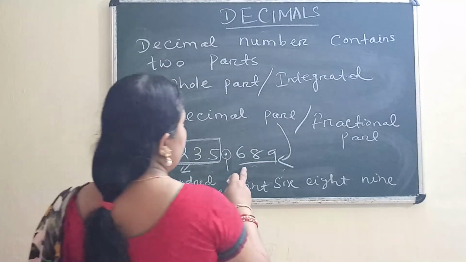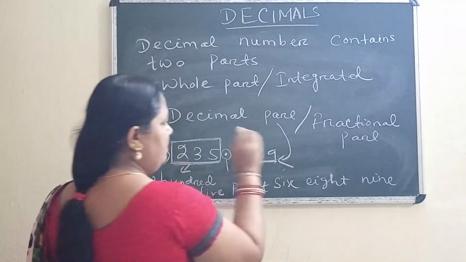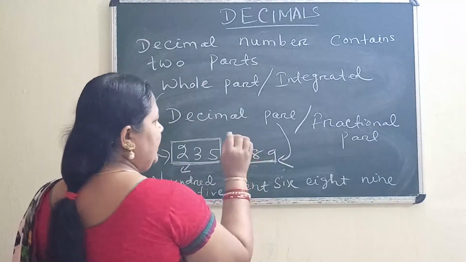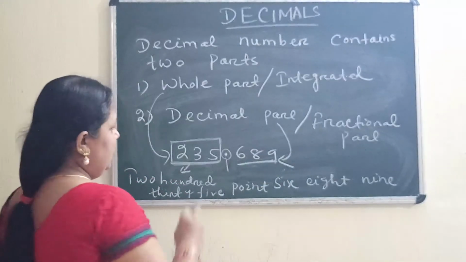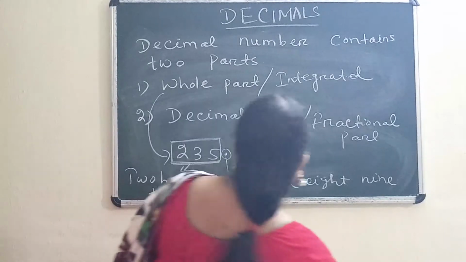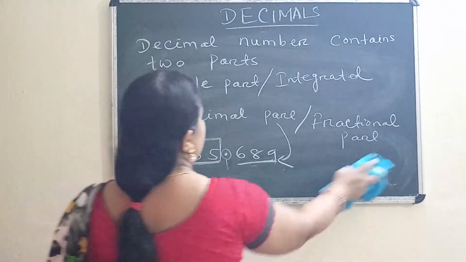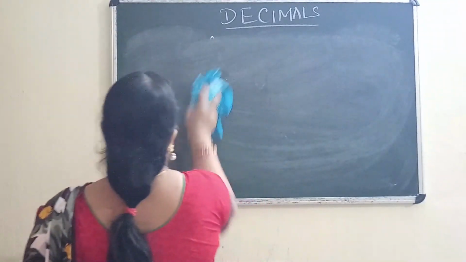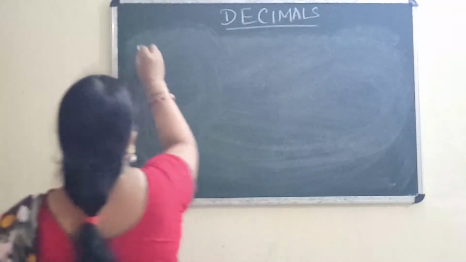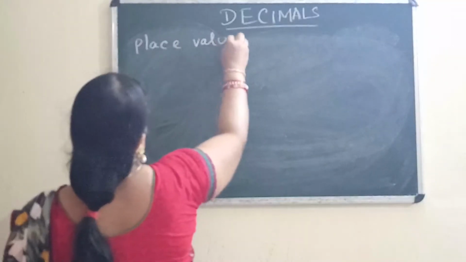Don't read this as 689, because this is not your whole number. This part is your decimal part or fractional part. Now we will proceed to why we read this separately, and that we will discuss now in the place value chart.